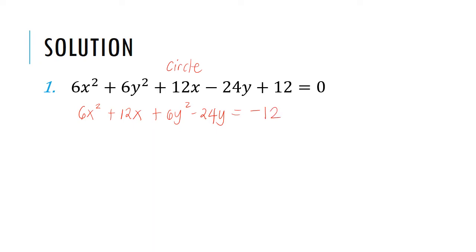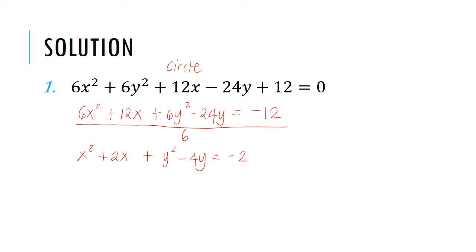But before going any further, notice that all of the coefficients of the equation are divisible by 6. So I am going to divide the whole equation by 6, and I will get x squared plus 2x plus y squared minus 4y equals negative 2.